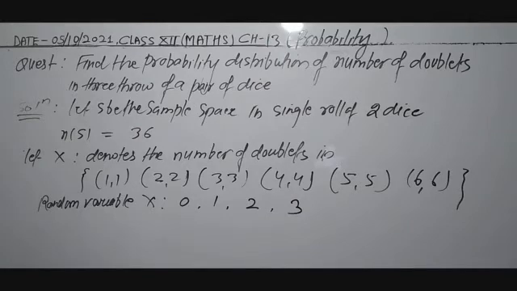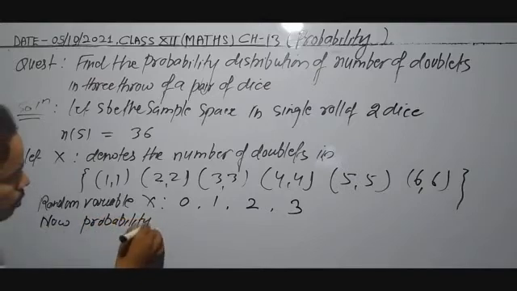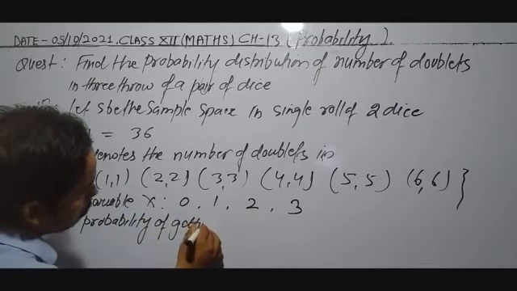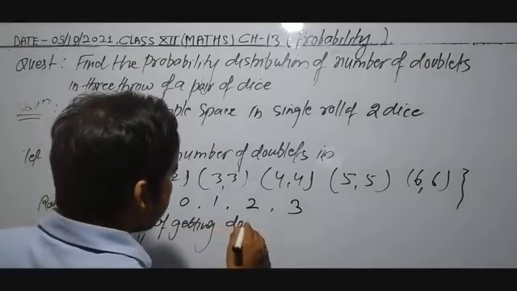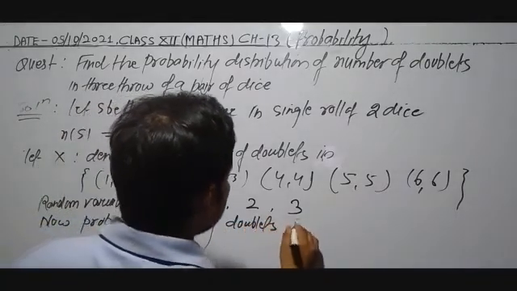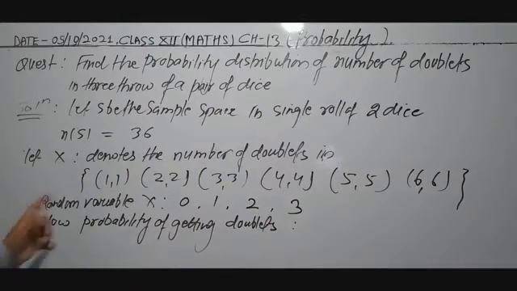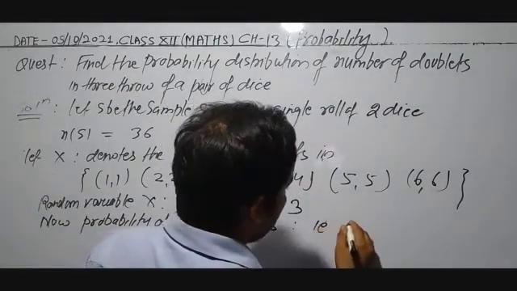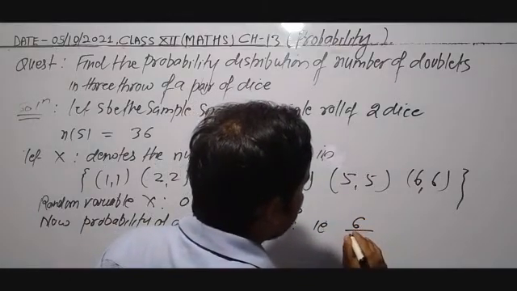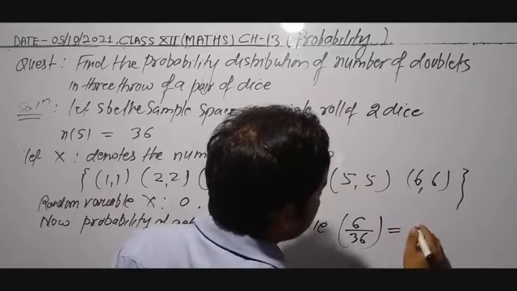Now the probability of getting a doublet: doublet means 1 1, 2 2, 3 3, 4 4, 5 5, 6 6. These are the favorable events, so it is 6 upon 36, and the result will be 1 by 6.